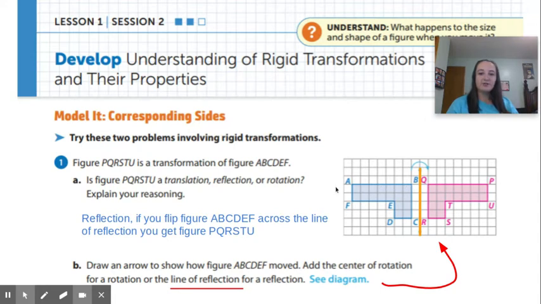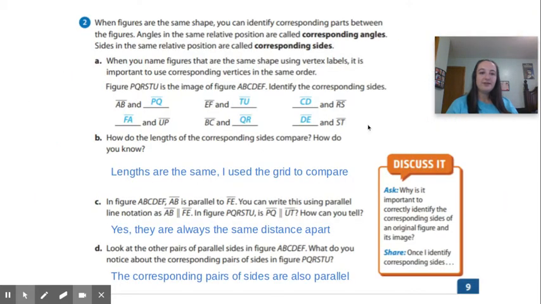So the long is equal to the long. EF is equal to TU. CD is equal to RS. FA is equal to UP. BC is equal to QR. And DE is equal to ST.